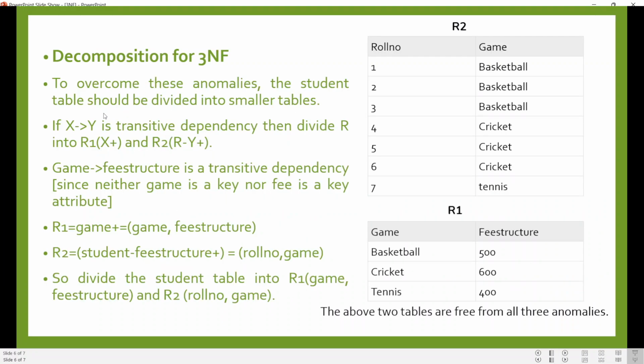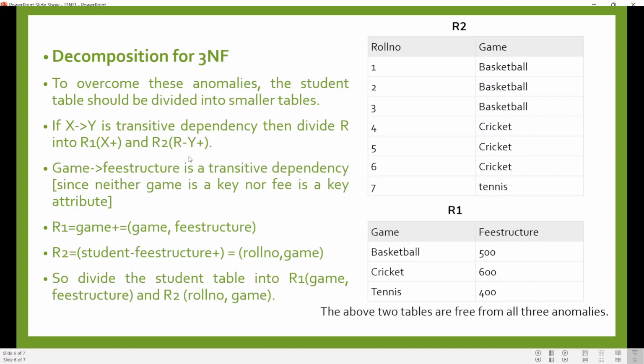Suppose we have a transitive dependency like this, meaning y is having a dependency on x, then what we have to do is divide the relation. Suppose R is a relation and there is a transitive dependency like this, y depending on x, then we can decompose the relation R into R1 and R2.